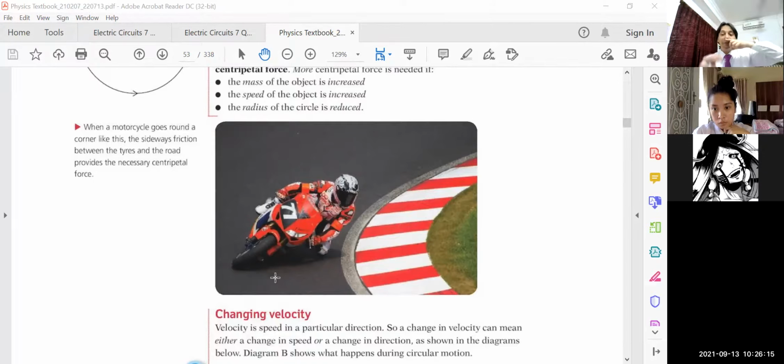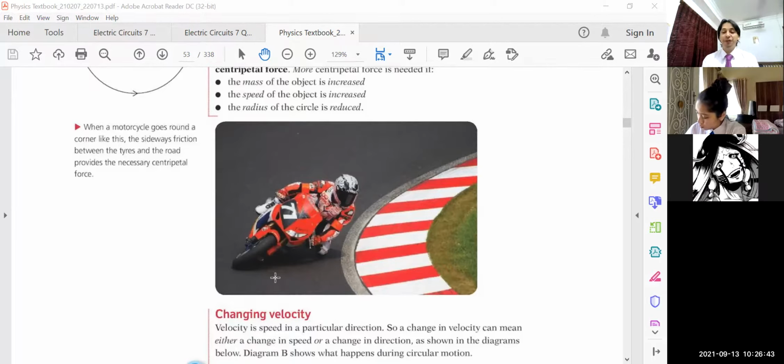Now here, the centripetal force is there. Who is providing that centripetal force in this example, a biker riding a motorbike? The centripetal force here is provided by the force of friction acting between the road and the wheels of the motorbike.